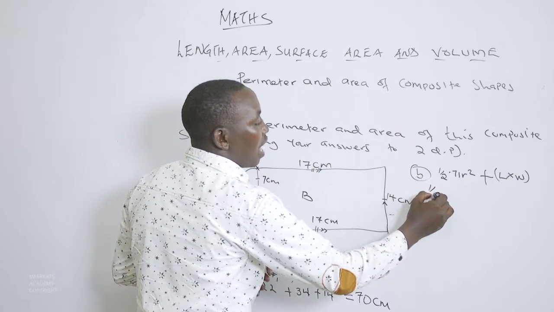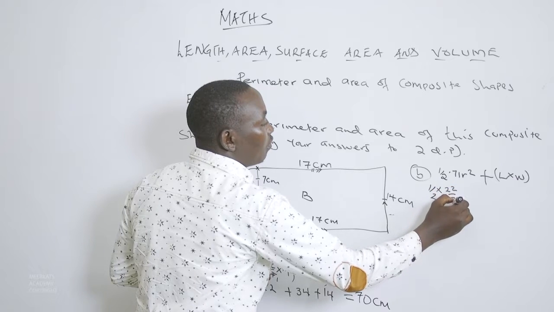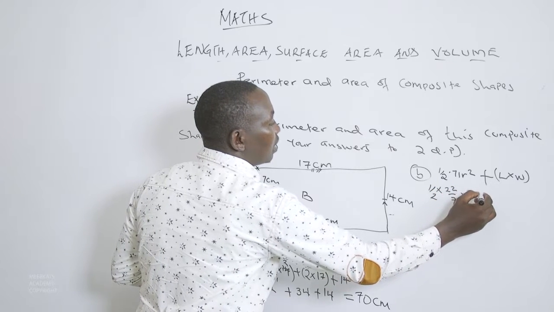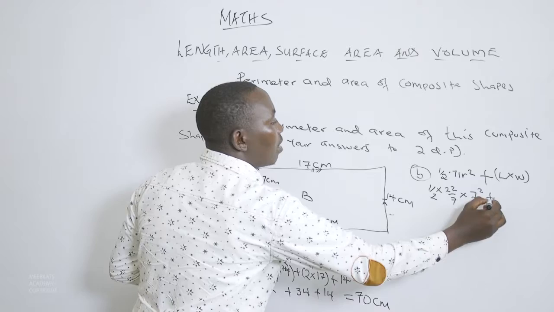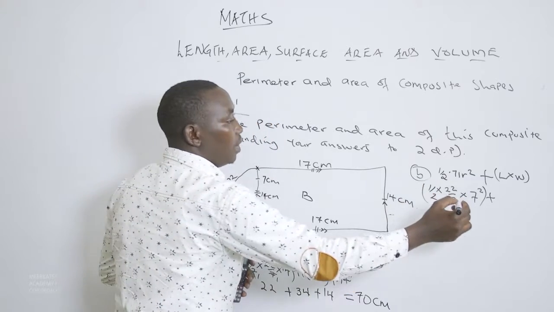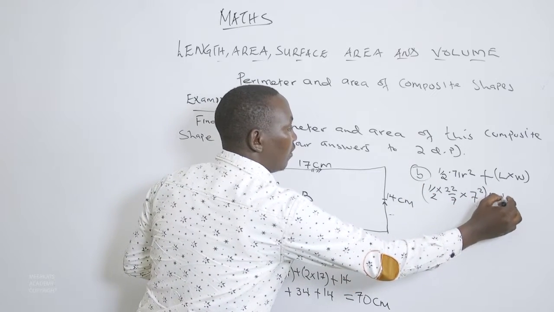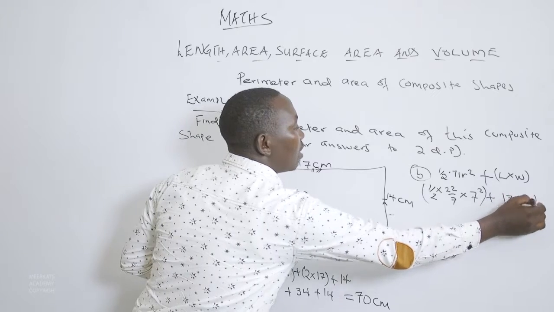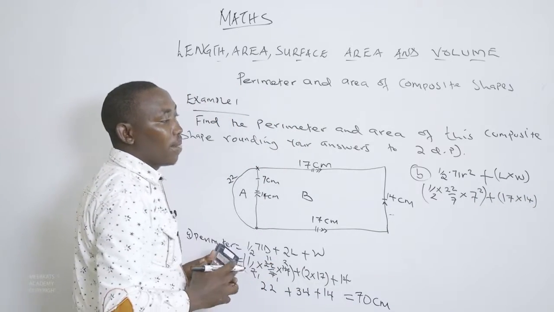This will give us a half multiplied by 22/7. The radius is 7 squared plus 17 multiplied by 14.